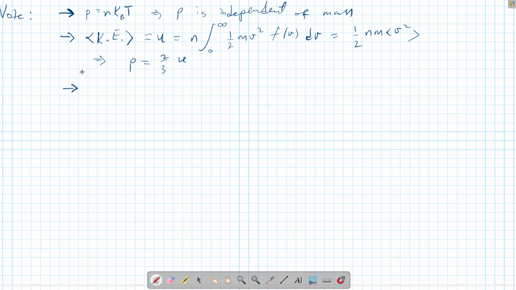Finally, one can consider a container having different types of gas molecules.